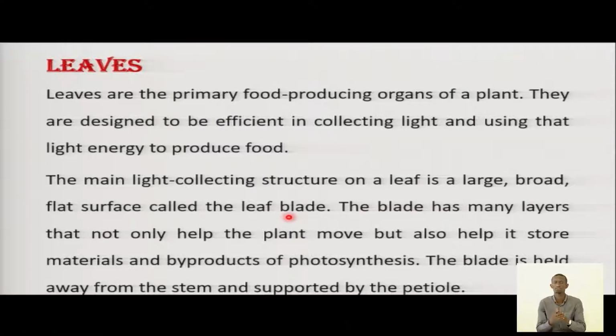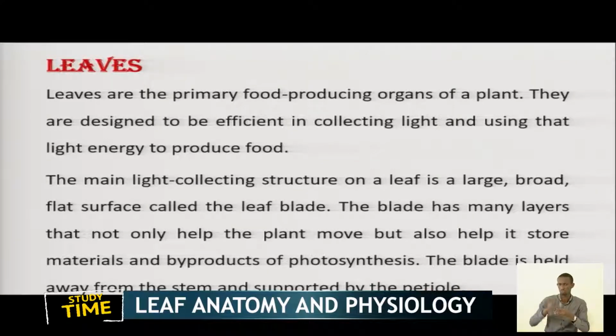This leaf blade is large, broad, and flat, so that it is adapted to trap sunlight, which is needed for photosynthesis. This leaf blade is supported by the stem, and remember, the leaf blade is attached to the petiole, and the petiole is attached to the stem.